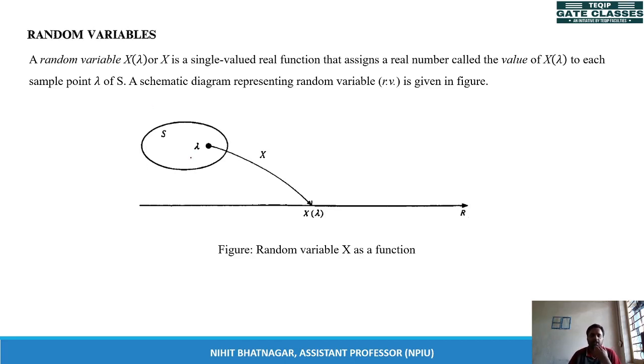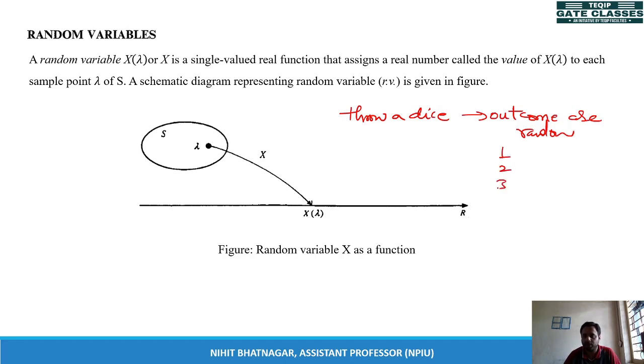So what is a random variable? The outcome of a random experiment is mapped into some countable numbers, and that set of numbers is called a random variable. For example, you throw a dice. The outcomes are random: 1, 2, 3, 4, 5, and 6. A single throw will produce a single outcome, and this is random.